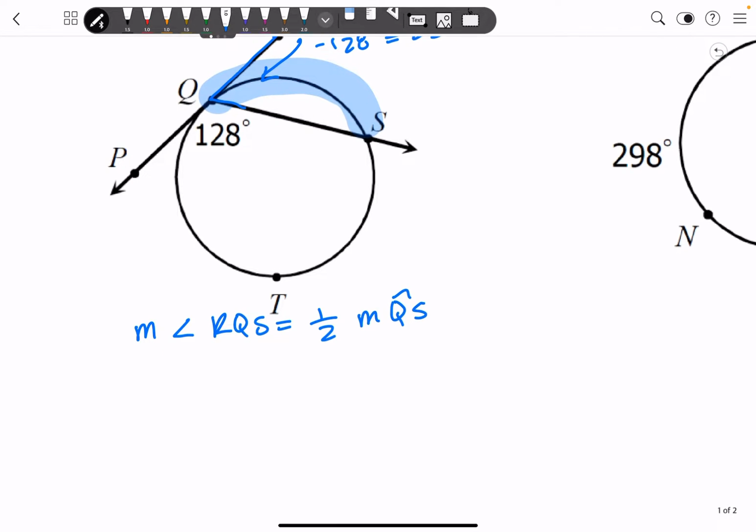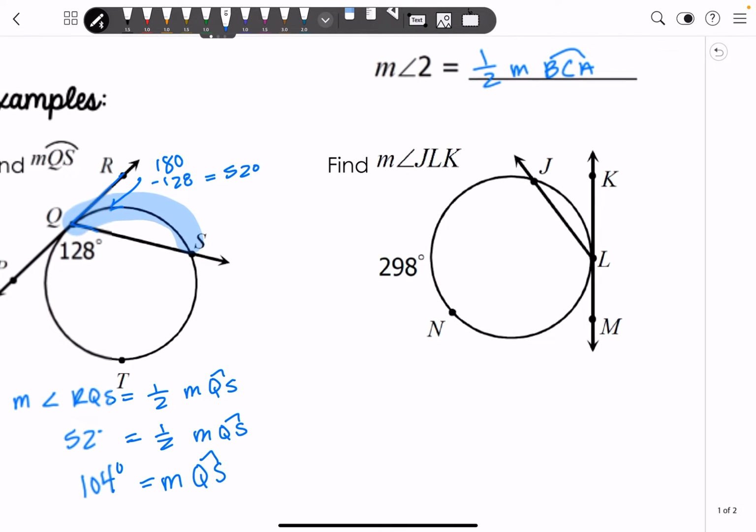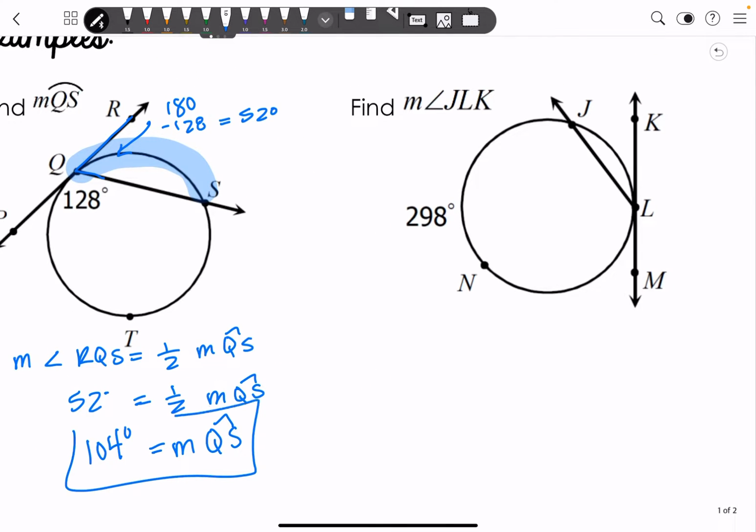We know that the measure of angle RQS is 52 degrees, and that is half of the measure of arc QS, meaning if we double it on both sides, we're going to get that it's 104 degrees for the measure of arc QS. And that's really how easy it is, just like we've been doing with inscribed angles.